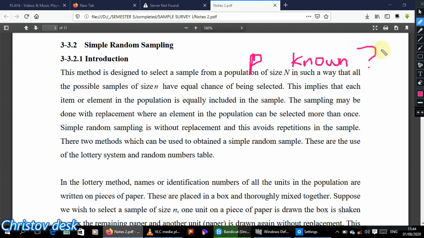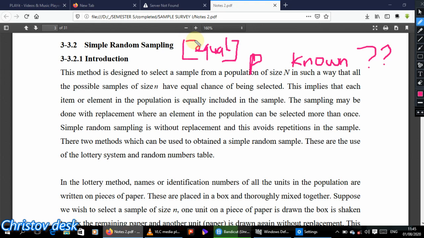In simple random sampling, these known probabilities are equal among the various samples.